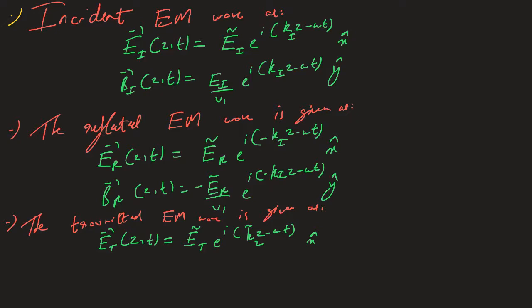And similarly, B transmitted of z, t becomes equal to k tilde over omega, let's say k2 tilde over omega, e to the i of k tilde z minus omega t, and it points in the y hat direction.